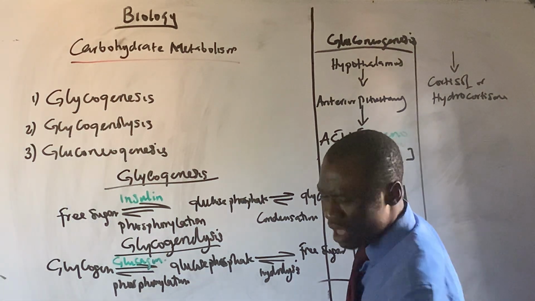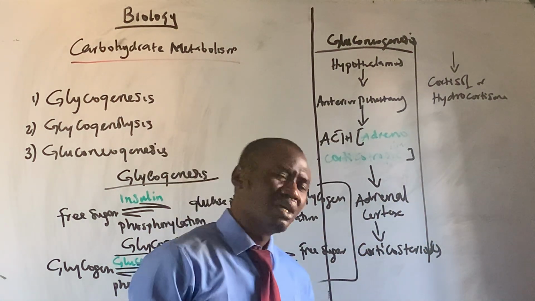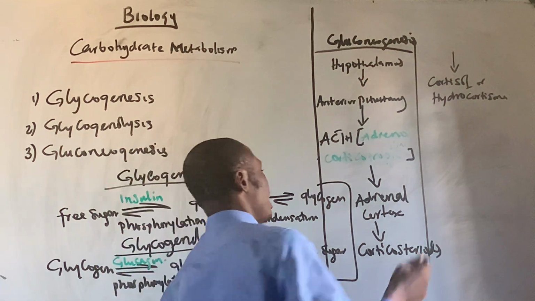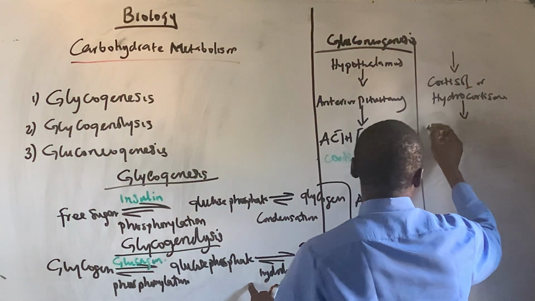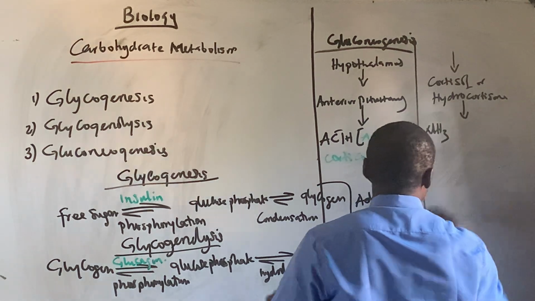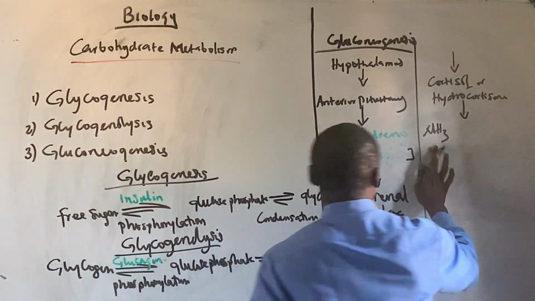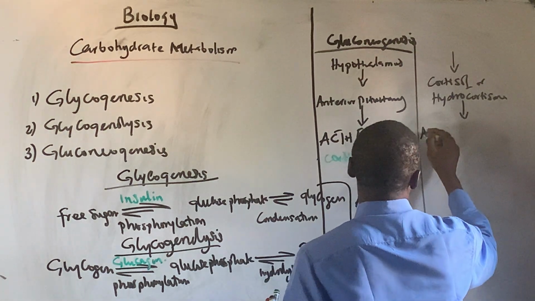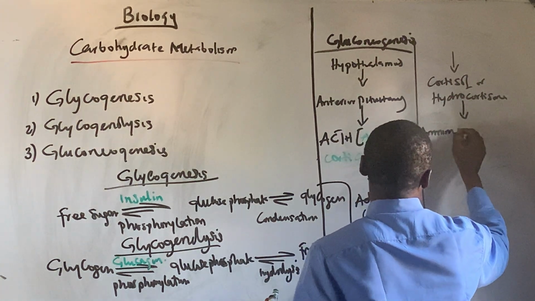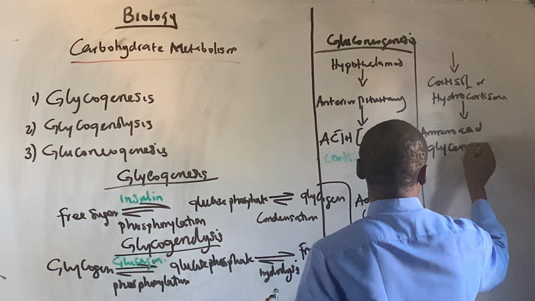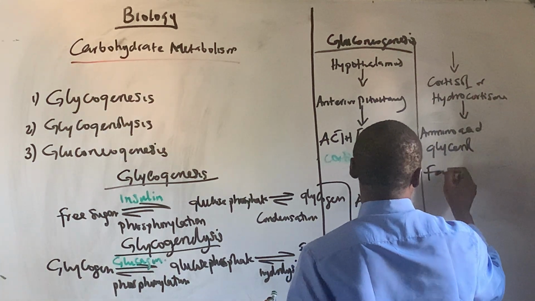Now it begins to look for glucose from non-carbohydrate sources. Now it's going to be acting on amino acid. If you're not a chemistry student, just write amino acid. Let me write it for you. Glycerol, and then fatty acid.